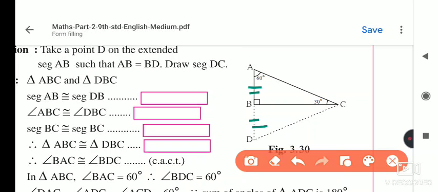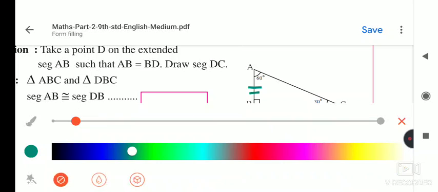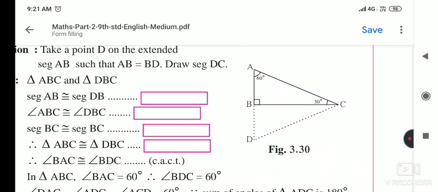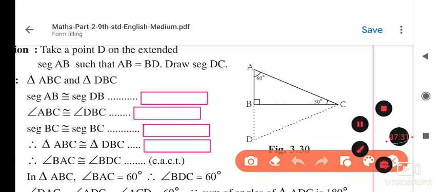Now there are two triangles. Which are those two triangles? This is triangle ABC, and the other triangle is BDC. If we prove these two triangles are congruent to each other, how will they be congruent?